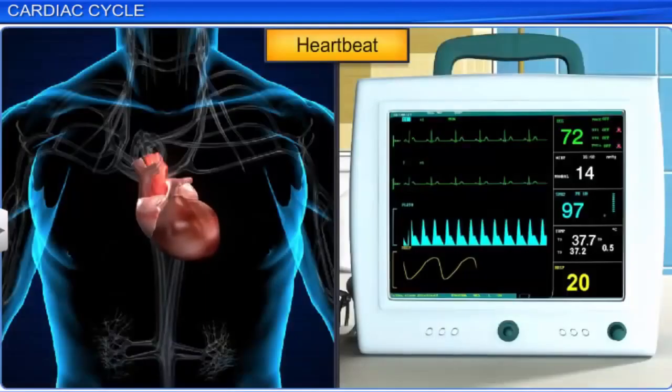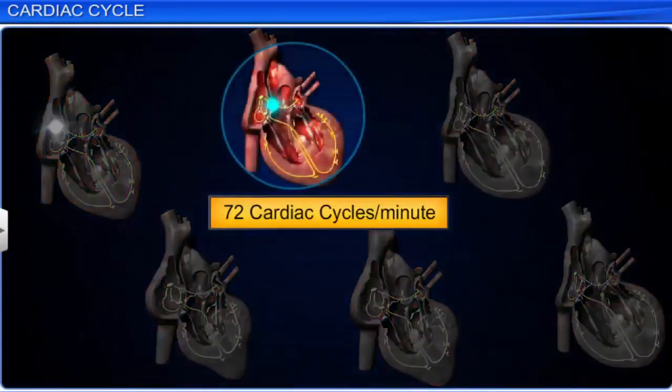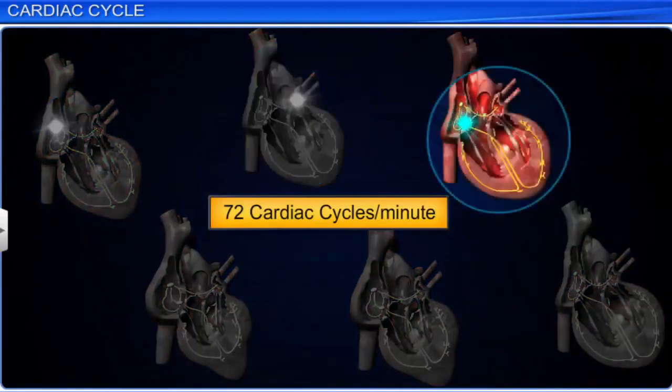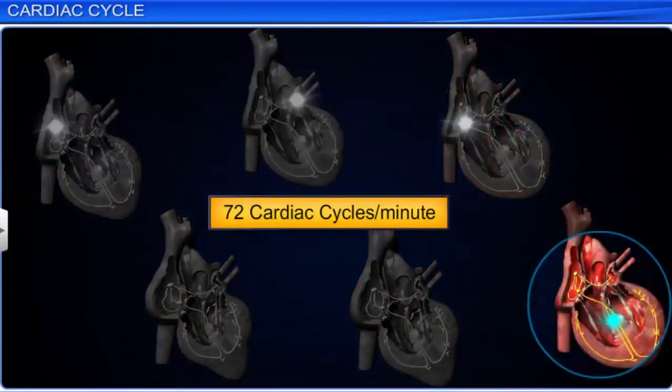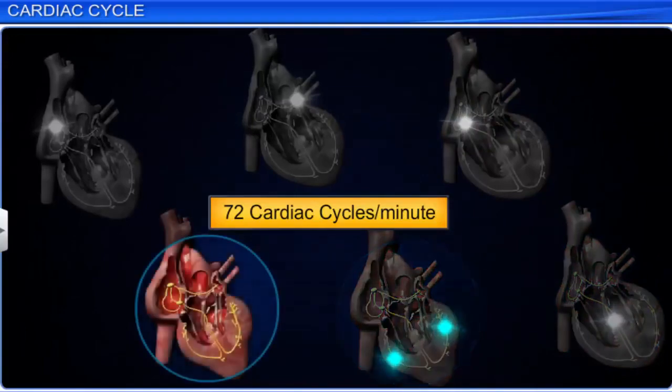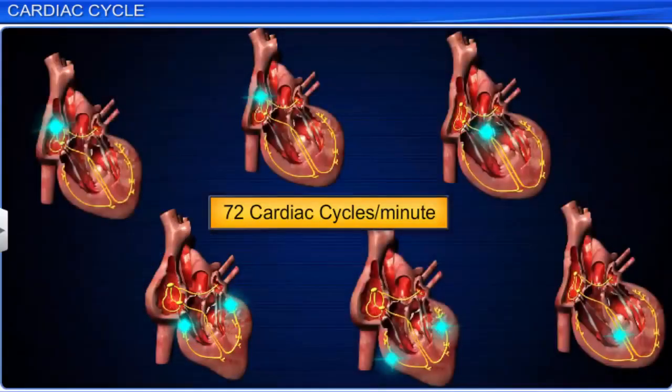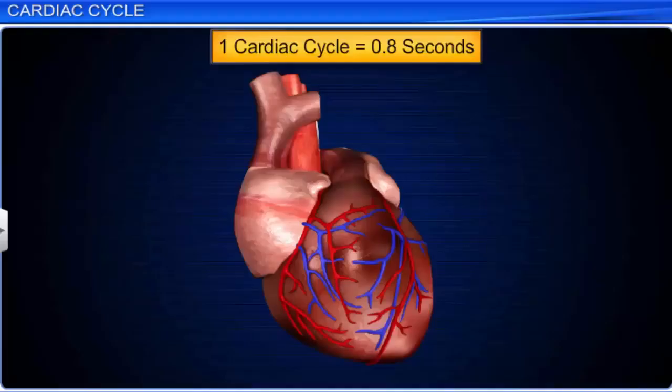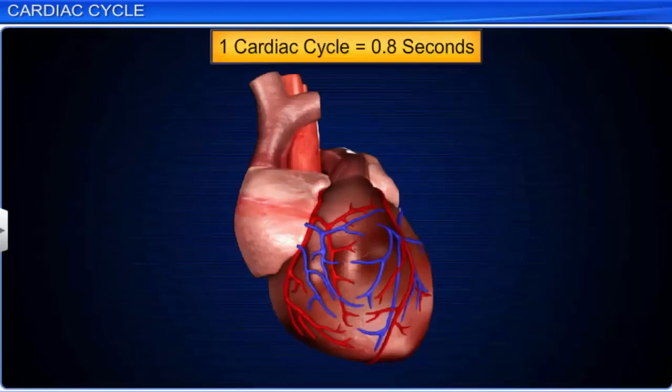On average, our heart beats 72 beats per minute, which means 72 cardiac cycles per minute. Thus, one cardiac cycle takes 0.8 seconds.